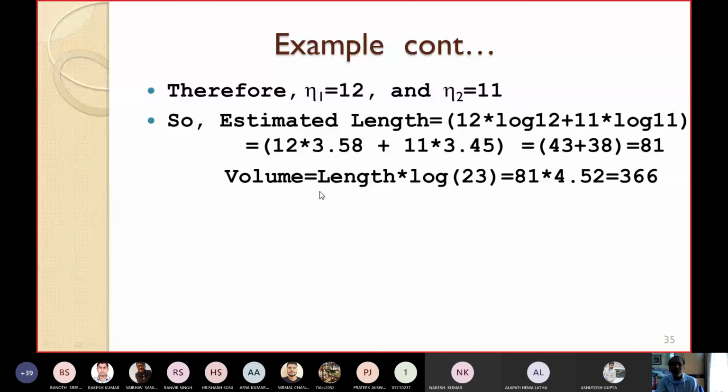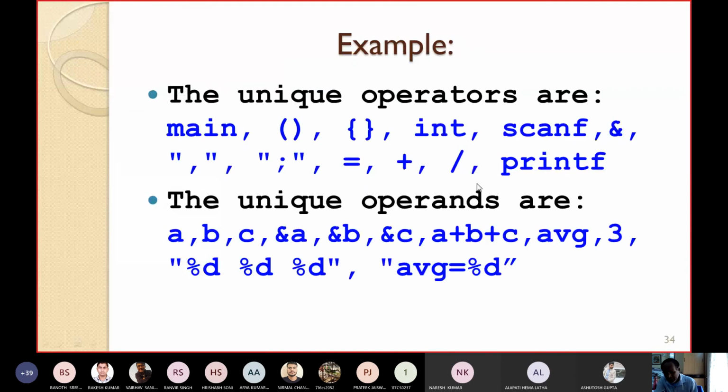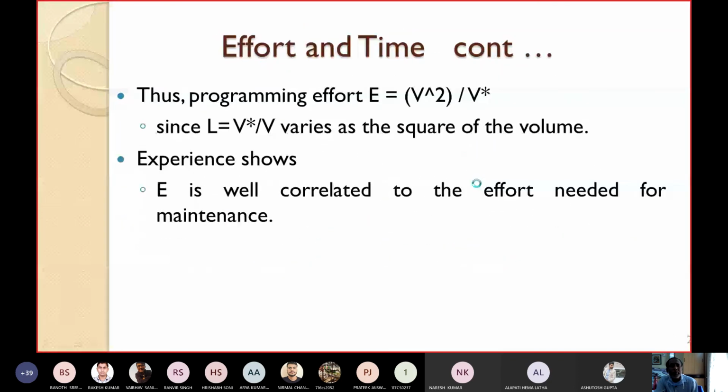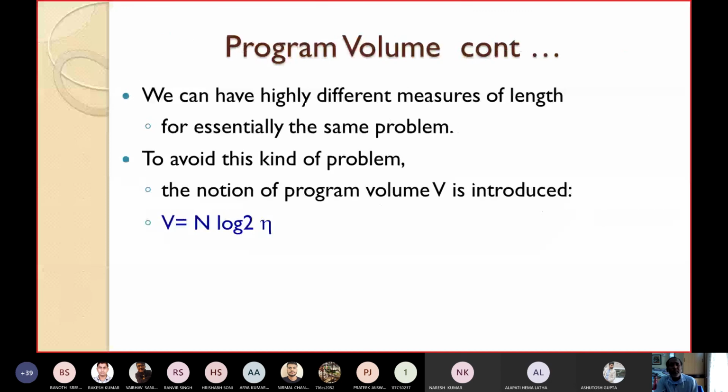Now the program volume. Program volume is computed as N into log 2 eta.